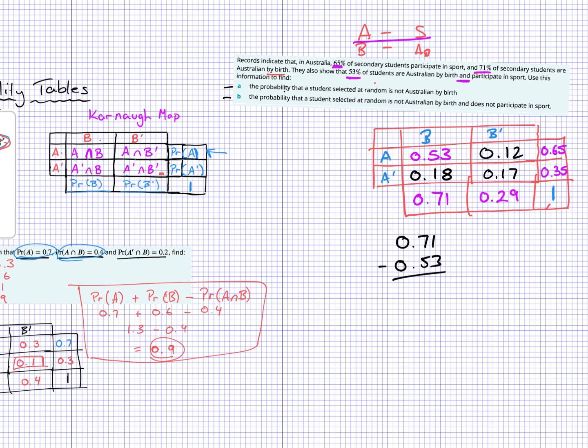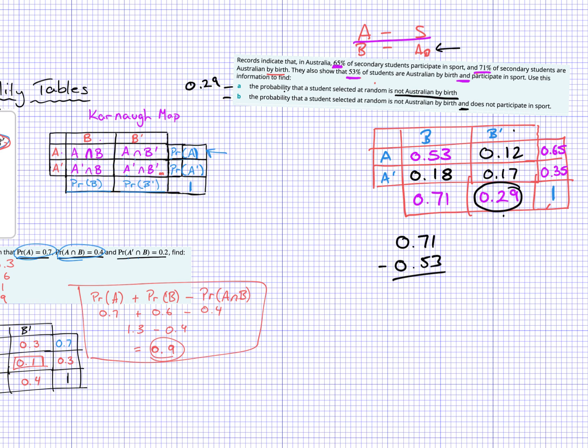Find the chance that a student selected at random is not Australian by birth. So this is the B event, and it's the not B. So that one should be this one here, 0.29, not B, 0.29. So we have a 0.29 chance that the student is not Australian by birth. Find the chance that a student selected at random is not Australian by birth and does not participate in sport.